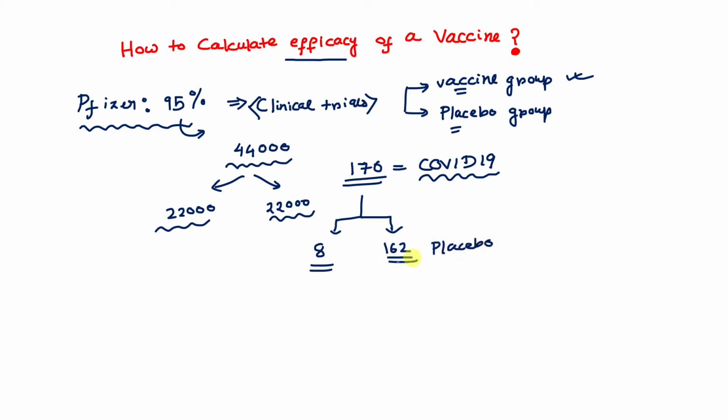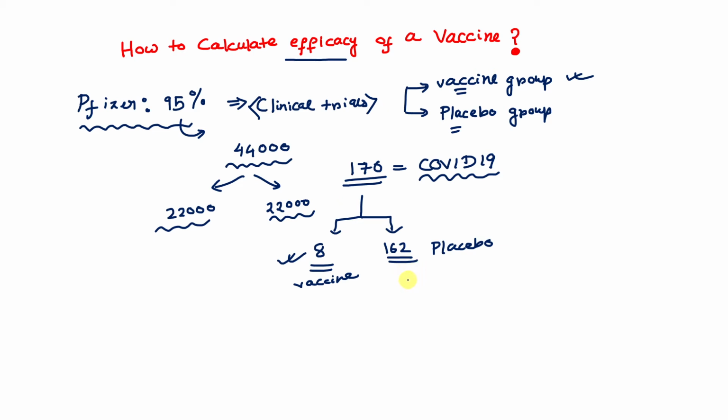So you can see that out of the 22,000 people in the vaccine group, 8 people were affected by COVID-19, and in the placebo group, out of the 22,000 people, 162 people were affected by COVID-19.